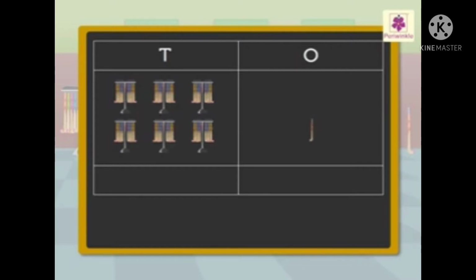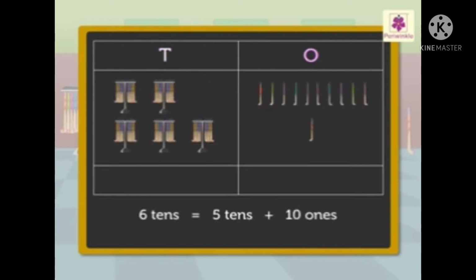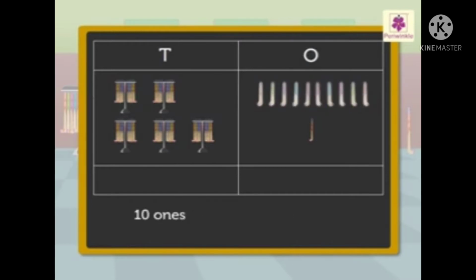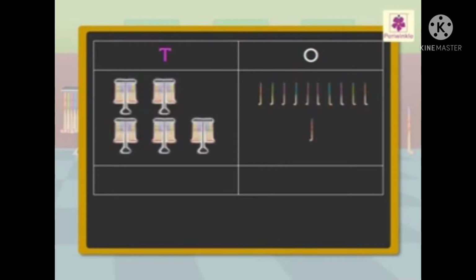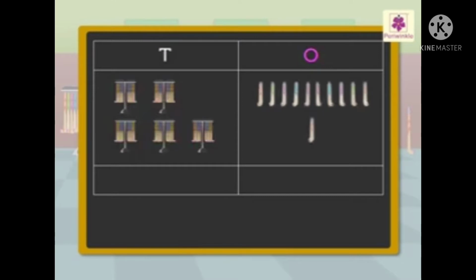So, we regroup 6 tens to 5 tens and 10 ones. Now, we add these 10 ones to the 1 we had to get 11 ones. So, we now have 5 tens and 11 ones.